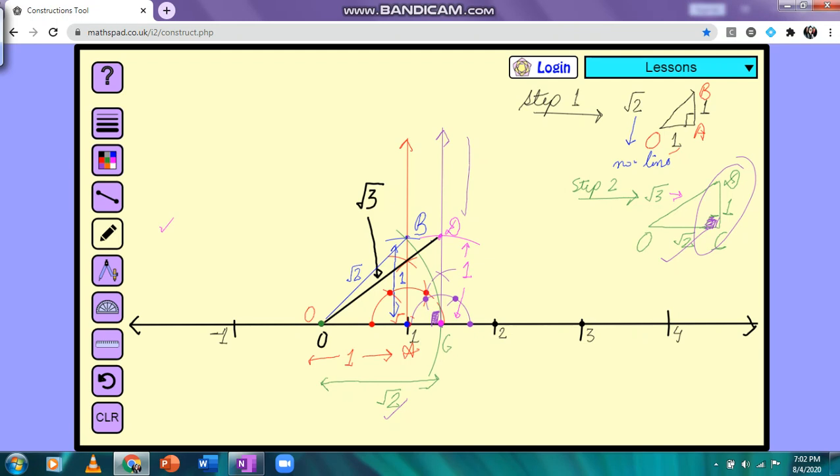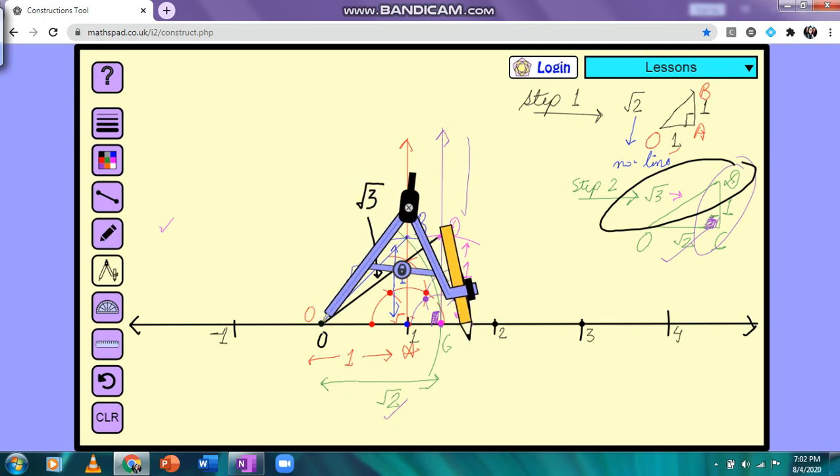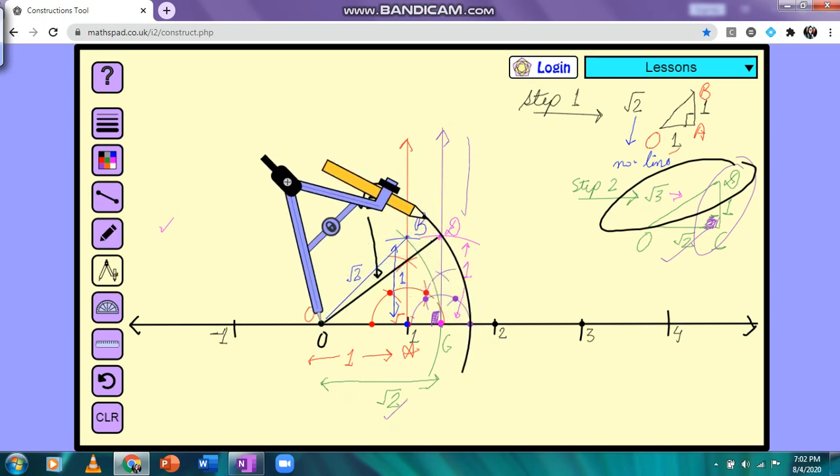And now I want to copy it onto the number line, and to copy it I would like to use the compass again. So we want to change the radius. We want to now open it up to this point from O to D. As you can see, OD actually represents root 3 here. So this is what I'm going to copy onto the number line. Fixing the radius, draw an arc right from here.